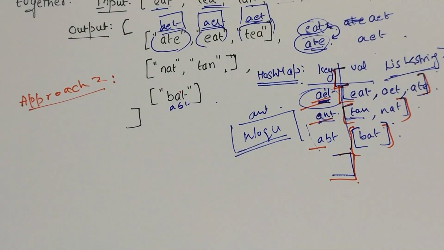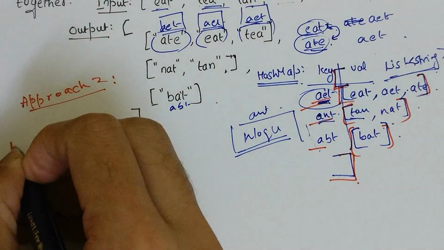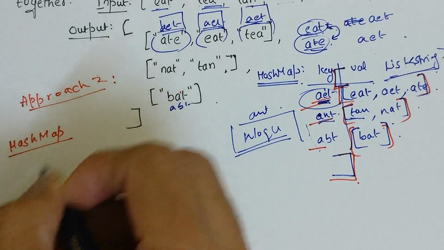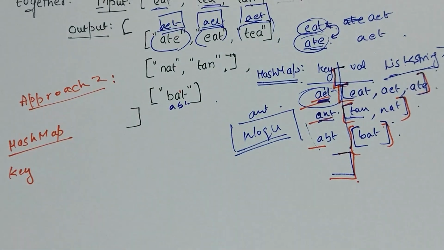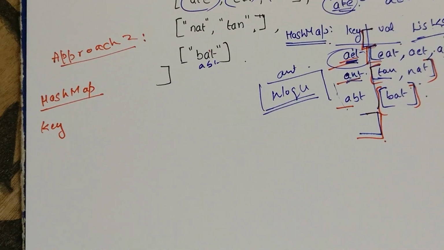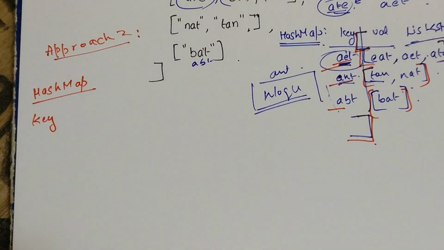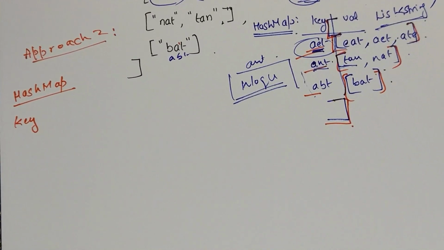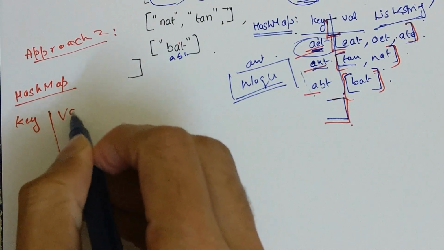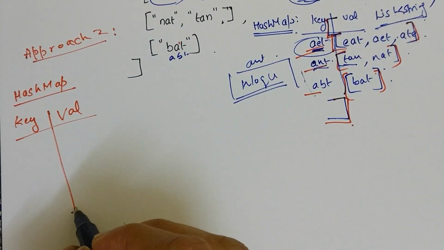I need a frequency map, and I also need a hash map, but here instead of storing the sorted keys, I would use a frequency map.